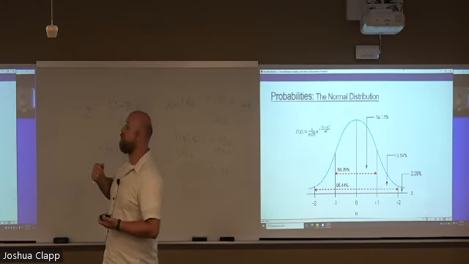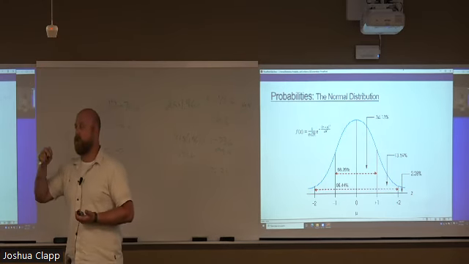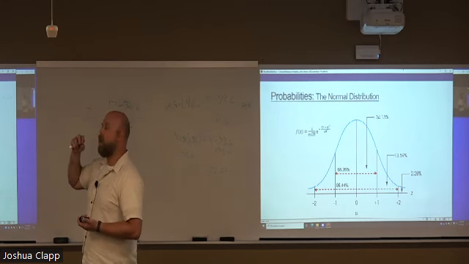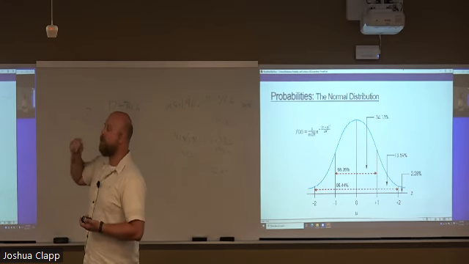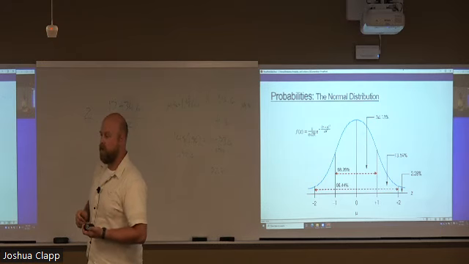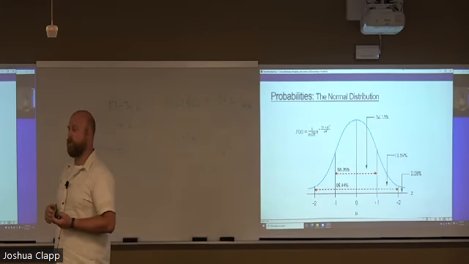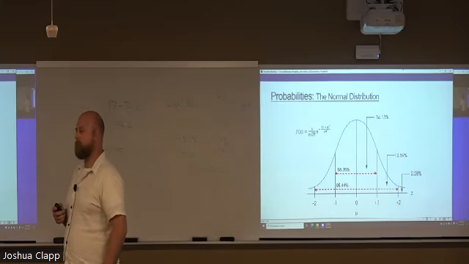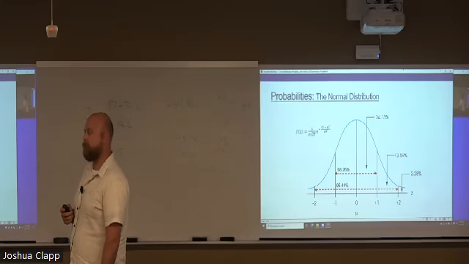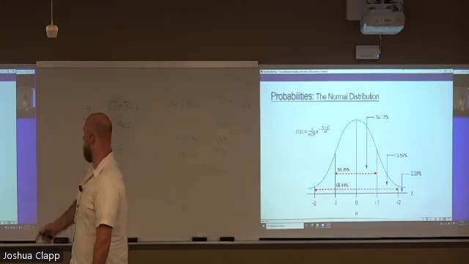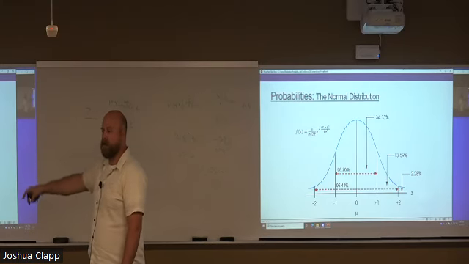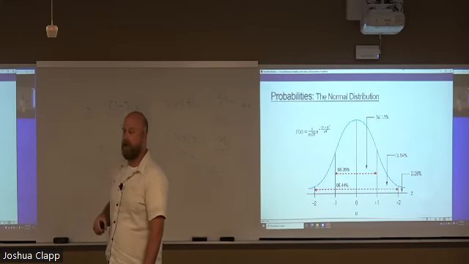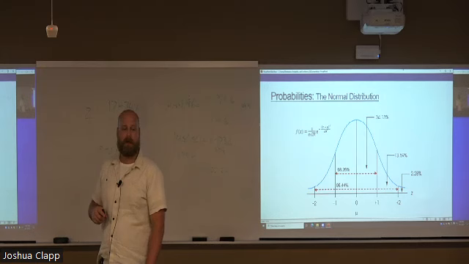Randomly selecting someone who scores more than 2 standard deviations below the mean in a normal distribution. Yeah, 2.28%. There's nothing over there on the negative side, but we know it's symmetrical, so we just go over to the opposite side.